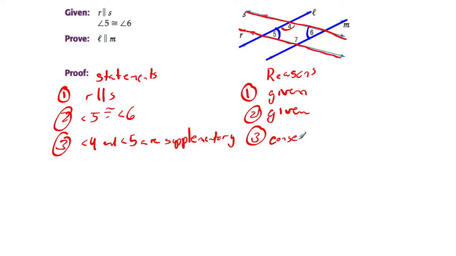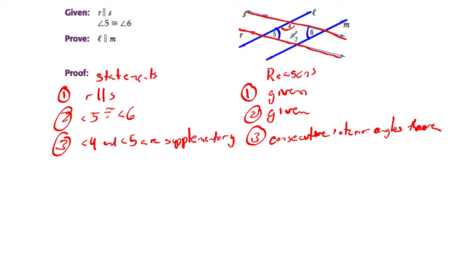So this is the consecutive interior angles theorem, saying that if I have two parallel lines and a transversal, consecutive interior angles are going to be supplementary.